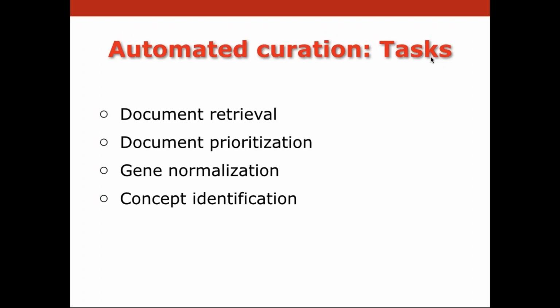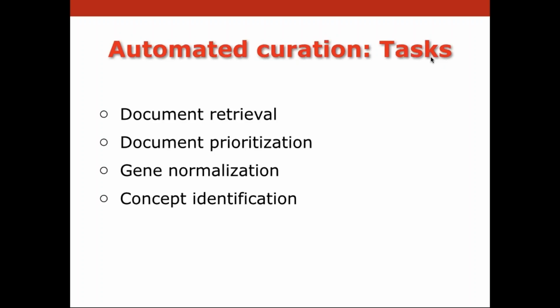So the manual curation is very nice, but like I said, it's time consuming. And there's a lot of hope that some automated systems could help us do curation more effectively. The tasks that automated curation tools that I'm aware of do include document retrieval and document prioritization.